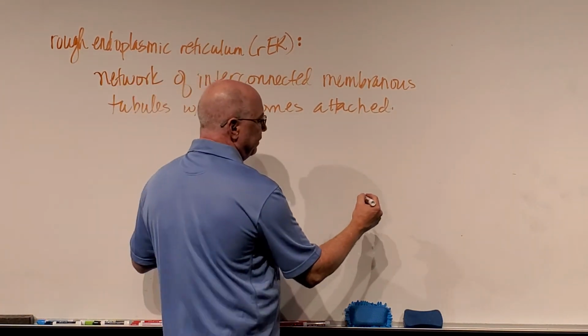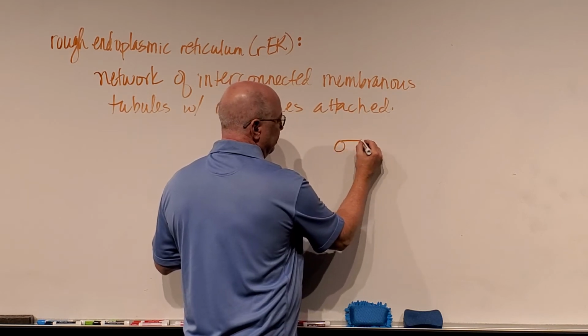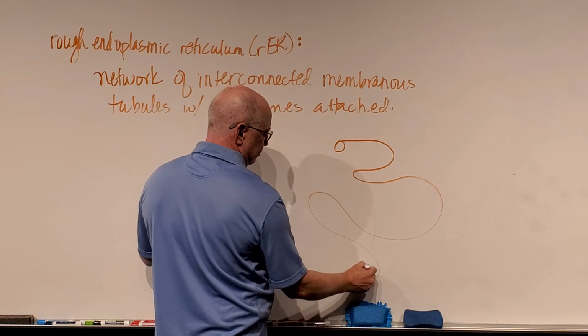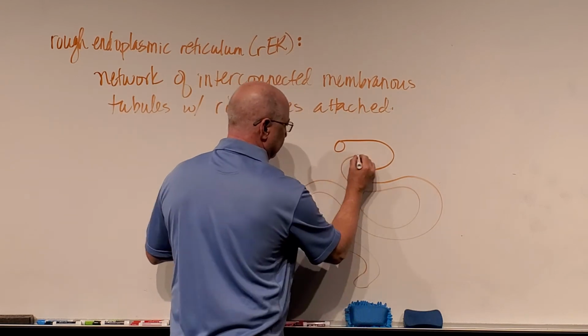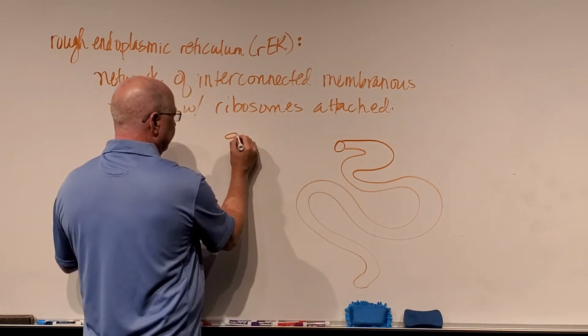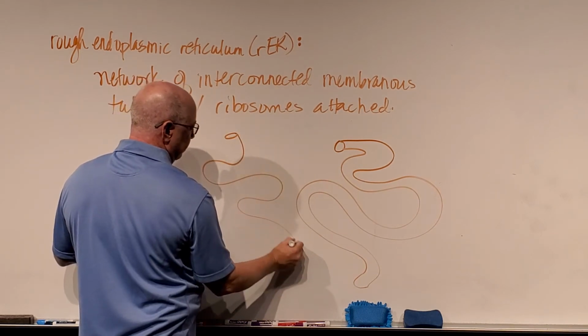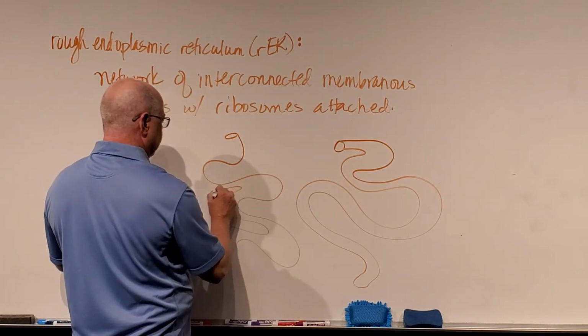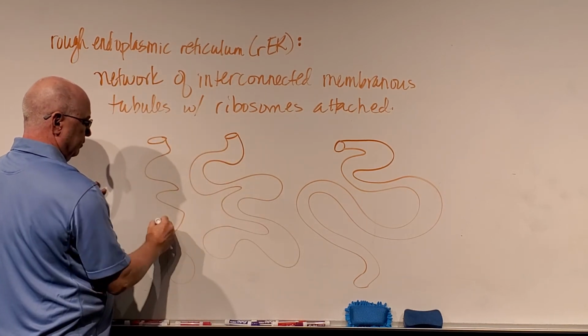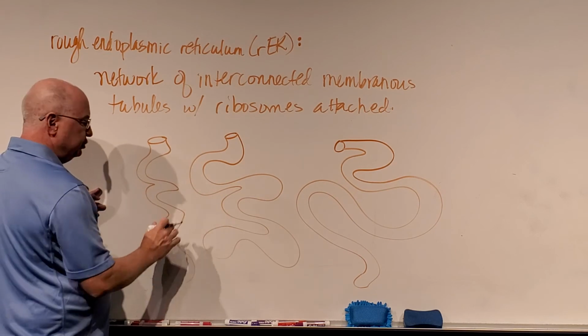So imagine if I have a tube of membrane that snakes around like this. If I took another tube of membrane over here and I let it snake around and I drew a third one, I would have all these membranous tubules.